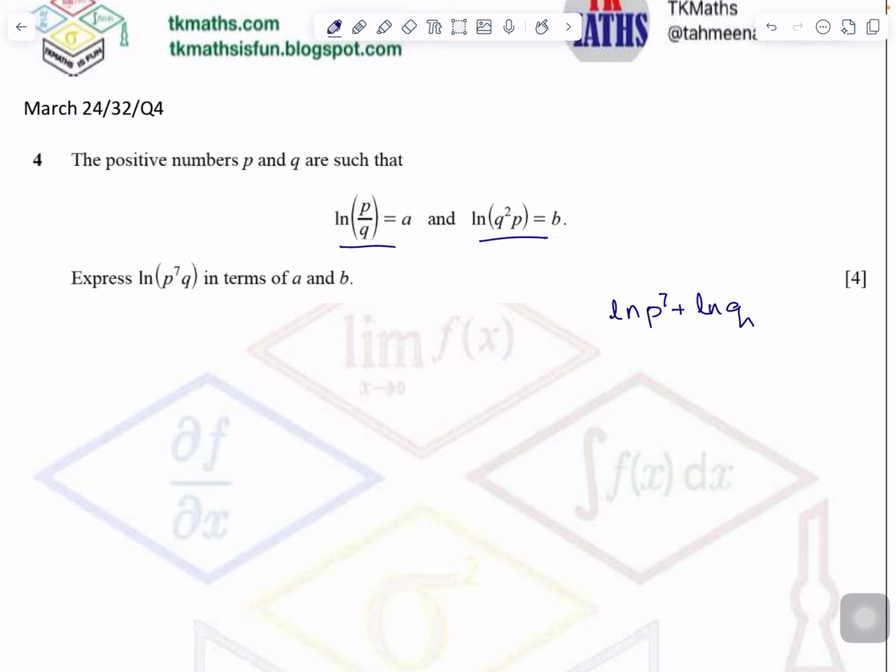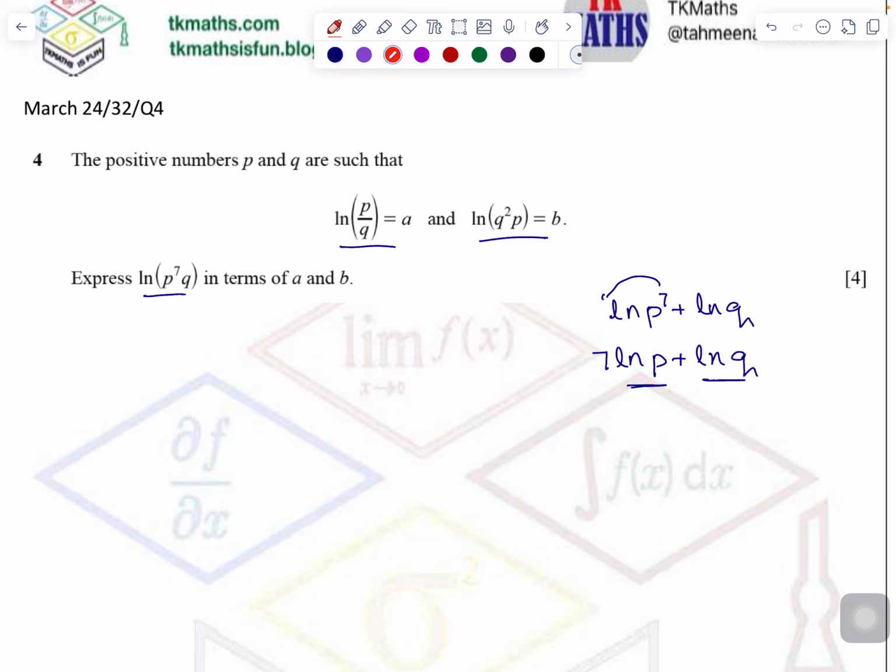Now because it is multiplying here, we will apply the product rule and a plus sign will come, and this 7 will come here as a multiplier when we further apply the power law on it. Now after that, we will simplify the given 2 equations, and then we will substitute the values of ln p and ln q, which we will get from there.